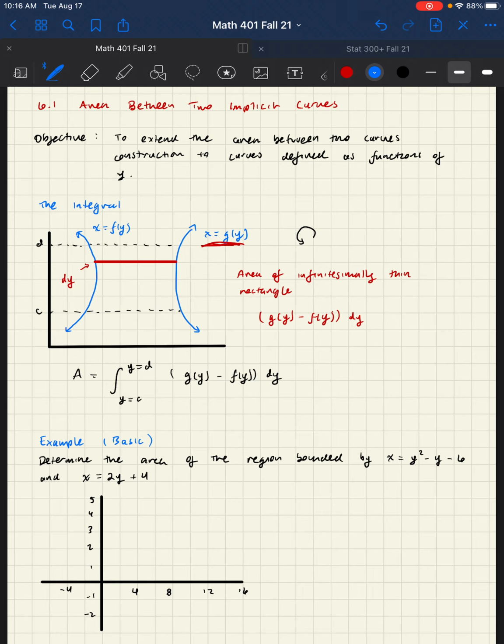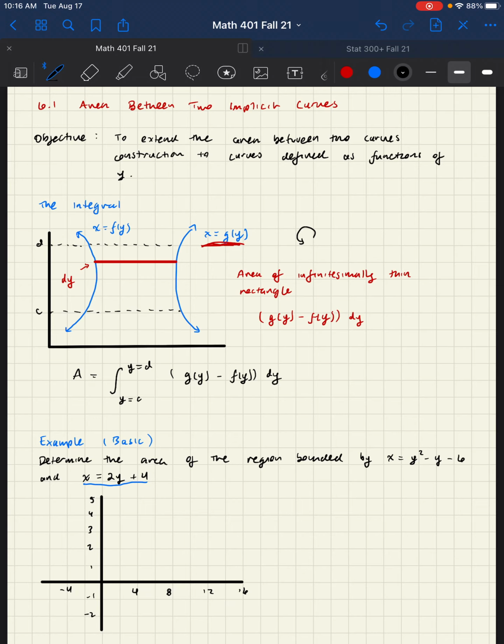So the first one, x equals 2y plus 4, you're always welcome to convert that, so you can take this curve and write it in terms of y as a function of x. Sometimes that is possible, sometimes it's not, okay?